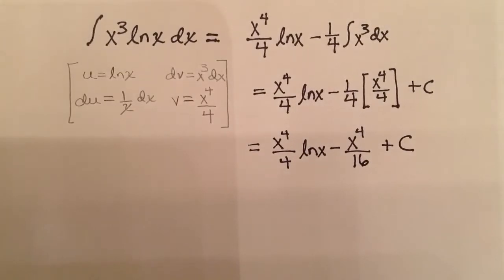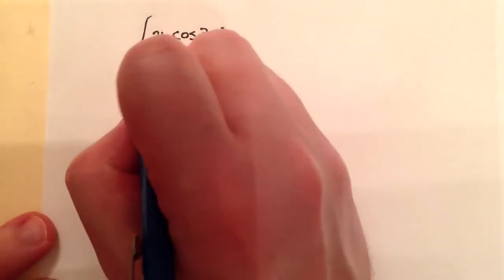Now, in the case of the second problem, we have x times the cosine of 3x dx. So we have another integration by parts challenge. For this particular problem, we can now set u equal to x, dv equal to the cosine of 3x dx.